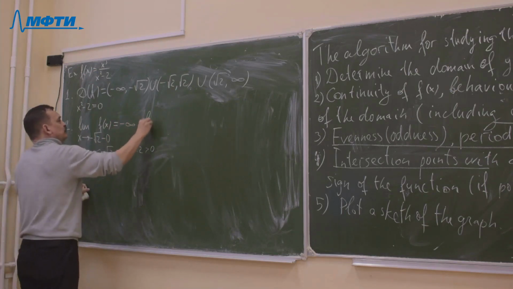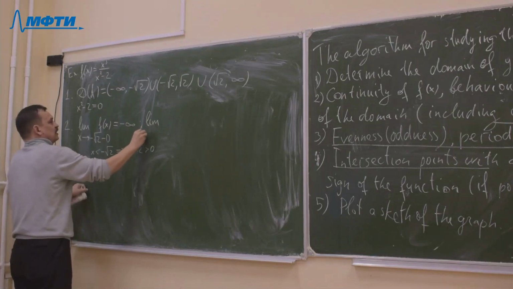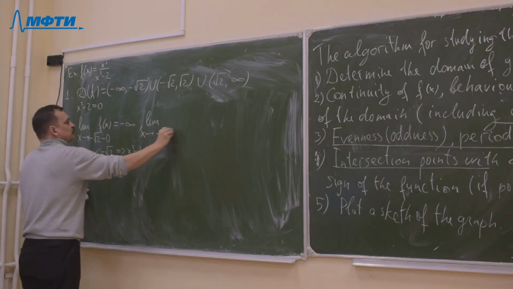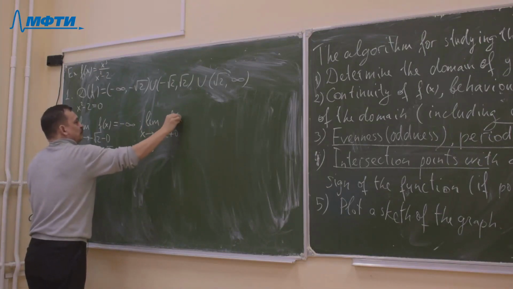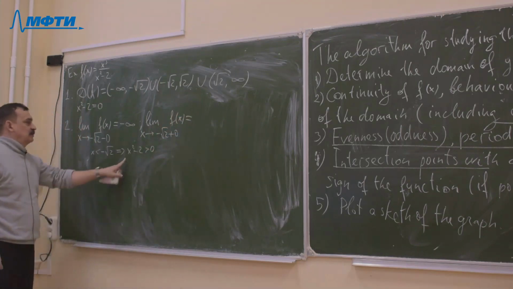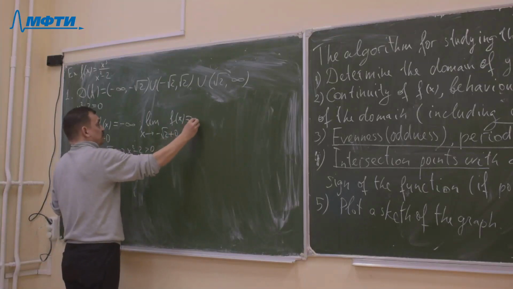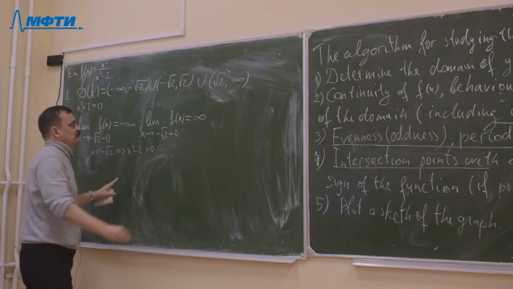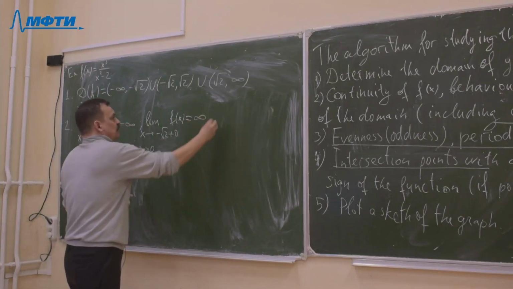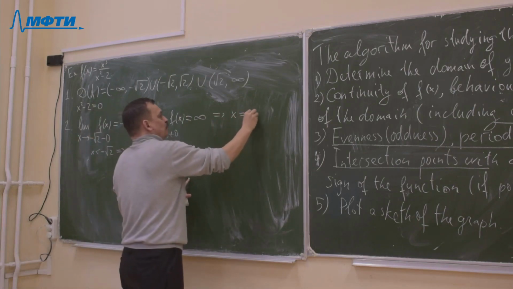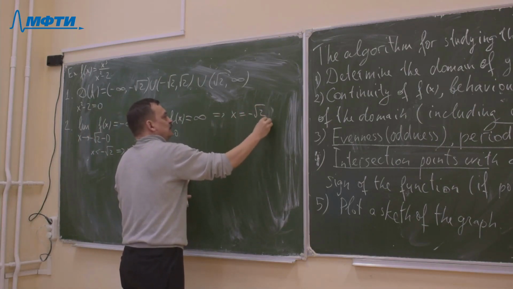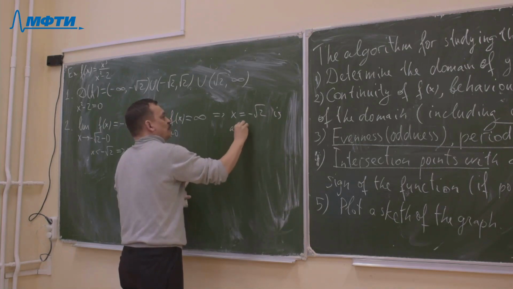Also, we may compute other limits. x tends to minus square root of 2 plus 0 of f of x. Here, x squared minus 2 will be negative, so we have plus infinity. And it means that x equals minus square root of 2 is a vertical asymptote.